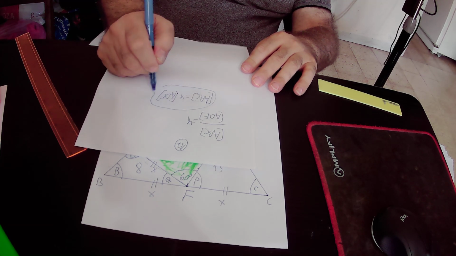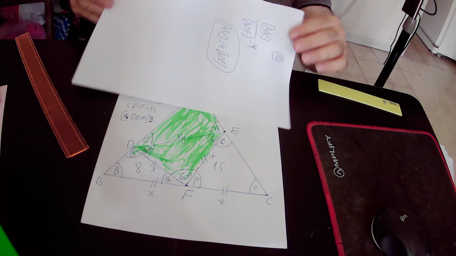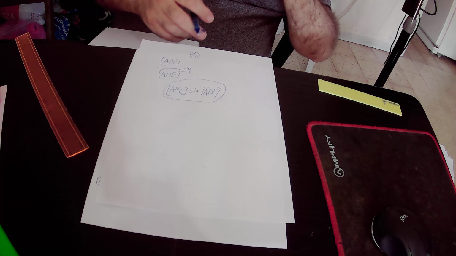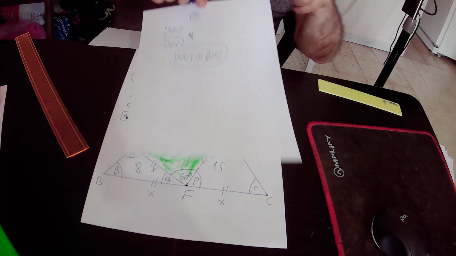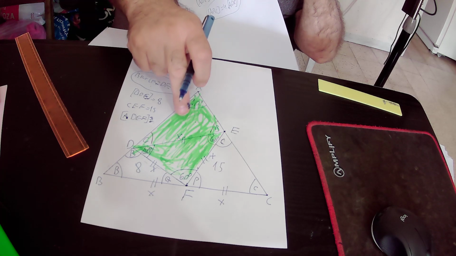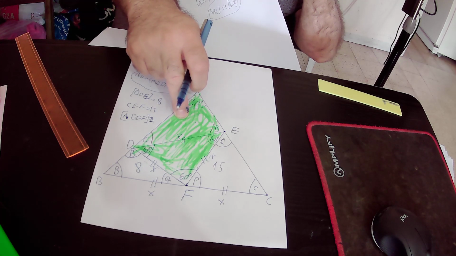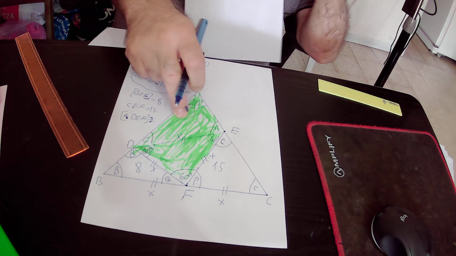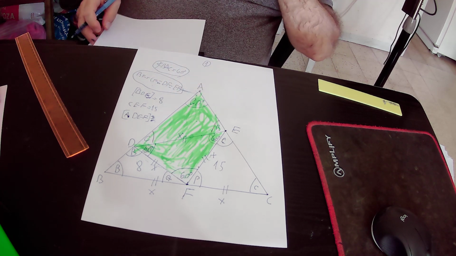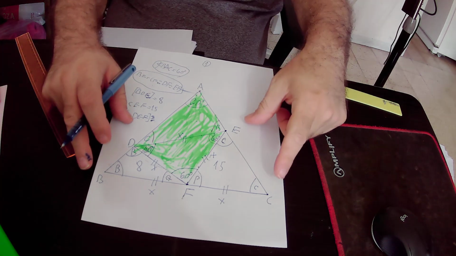Again, the area of the big triangle, triangle ABC, is 4 times bigger than the area of this triangle, triangle ADE. But what is the area of quadrilateral BDEC?